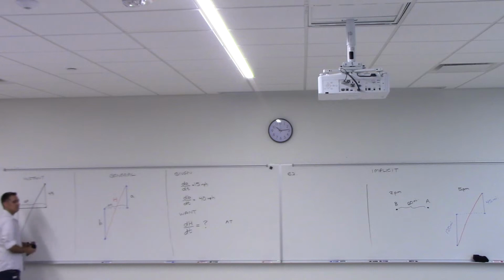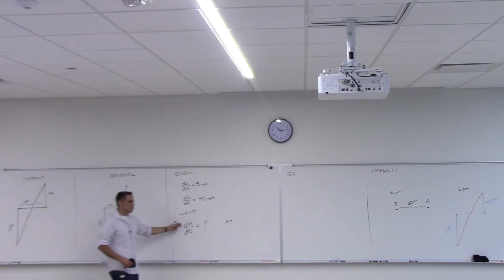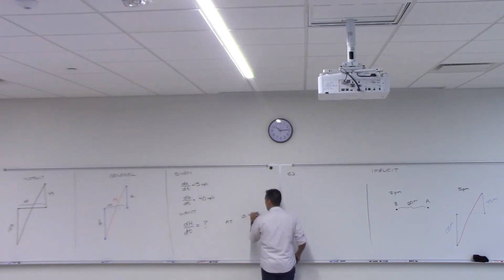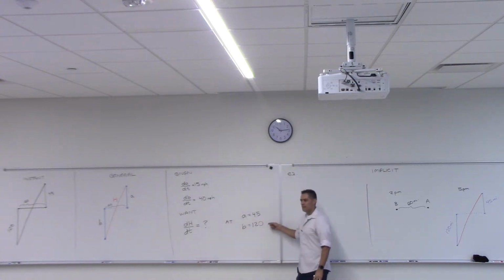Or 45 miles later. What is this? That's A. At that instant, A is this and B is this. So I could say I want to know how fast h is changing with respect to time at the moment that a is 45 and b is 120. There are so many different ways I could say it.